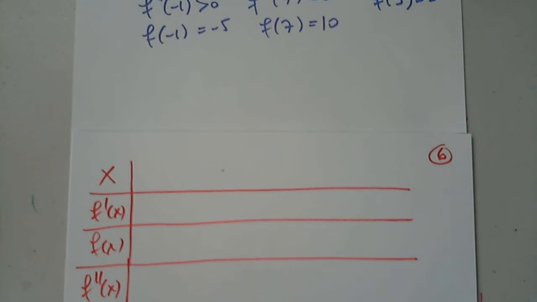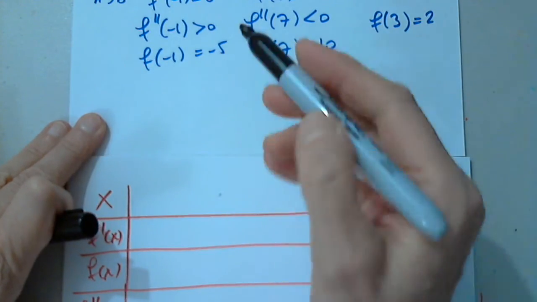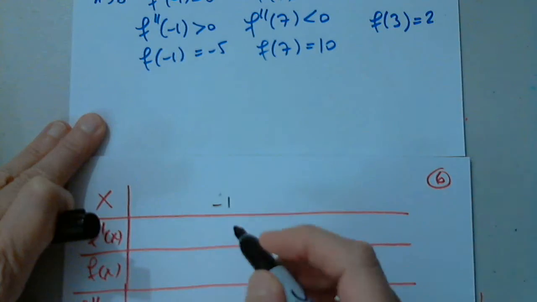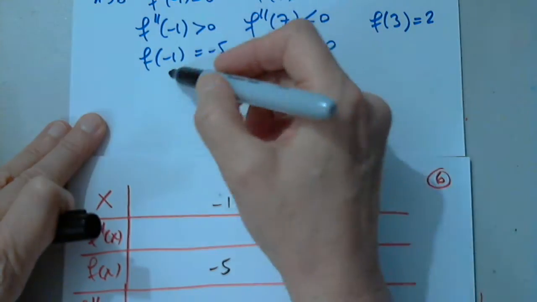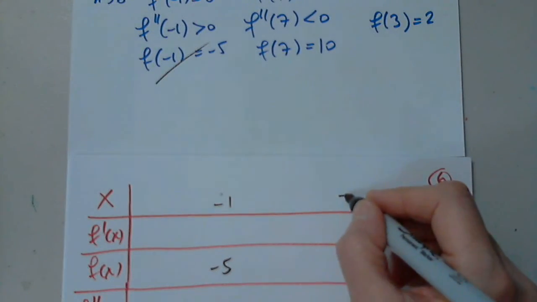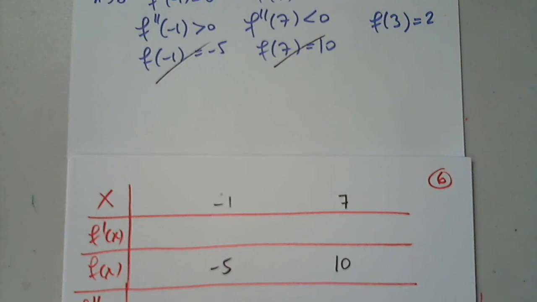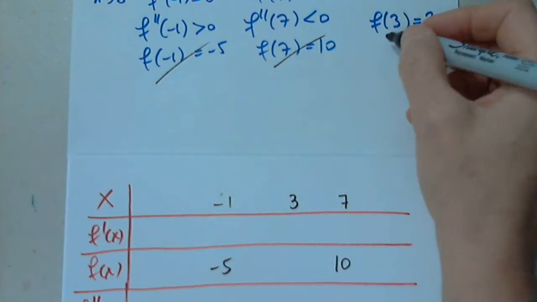So I'll start with the function. F of -1 is -5. F of 7 is 10. F of 3 is 2.